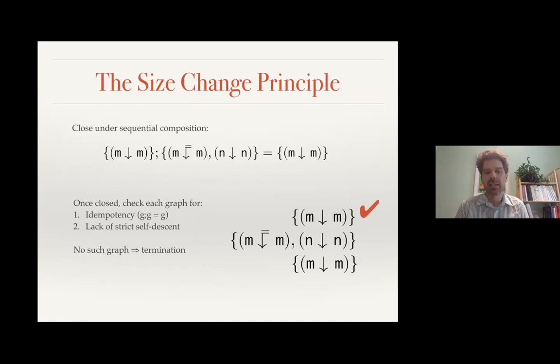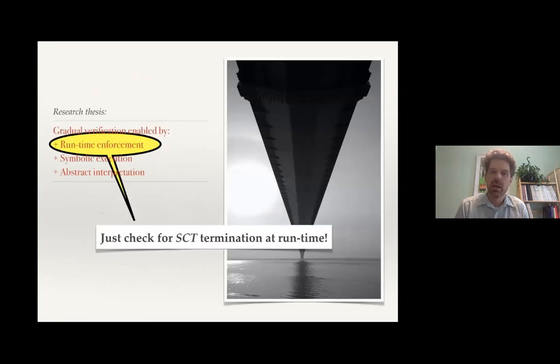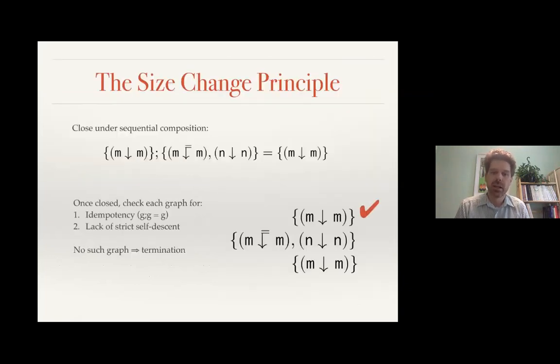And if it has what's called the size change property, then it tells you that there's no infinite cycle through the graph that isn't decreasing at least one of the arguments. And so it's a property that proves that the program terminates.